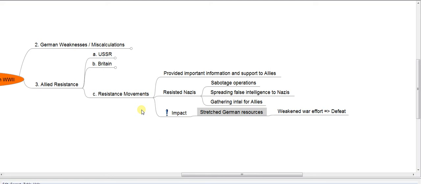A lot of people fought underground against the Germans, and as the Germans concentrated resources on fighting the resistance movements, it stretched their resources and weakened their war effort. It was already fighting the USSR, Britain, and the USA, and now it had to contend with these resistance movements, which further weakened the war effort of the Germans and led to its eventual defeat.